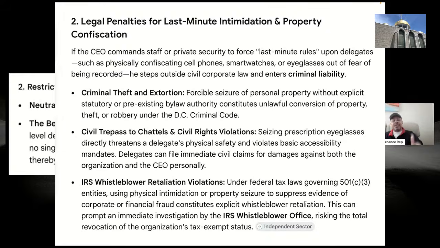Under federal tax laws governing 501c3 entities, using physical intimidation or property seizure, taking of people's property, to suppress evidence of corporate or financial fraud constitutes explicit whistleblower retaliation. This can prompt an immediate investigation by the IRS whistleblower office, risking the total revocation of the organization's tax-exempt status.